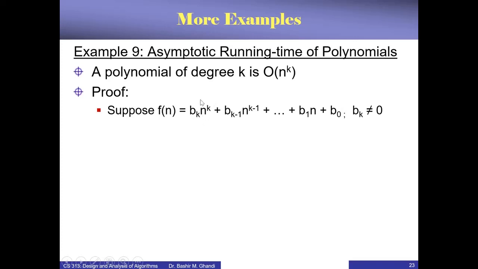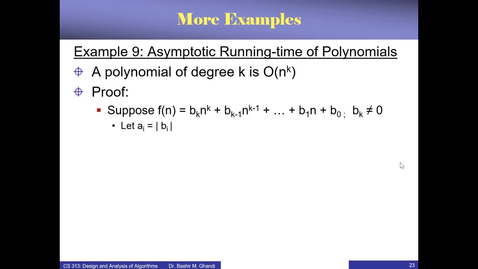So this is a term with the highest degree, plus some constant coefficient bk minus 1 times n to power k minus 1, and so on until we reach b1n and b0. Where the bk, the term with the highest degree, is not 0. The others could be 0, but this one must not be 0. Otherwise, the highest degree of the polynomial is not k then. It will be the first bigger one that is not 0. So suppose we have that.